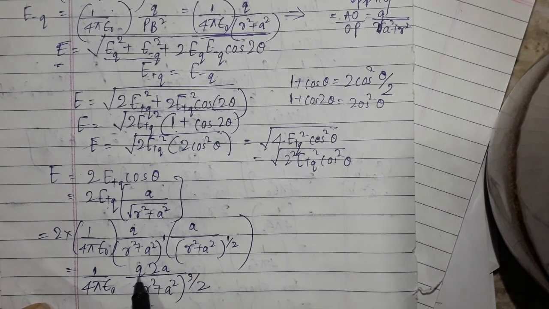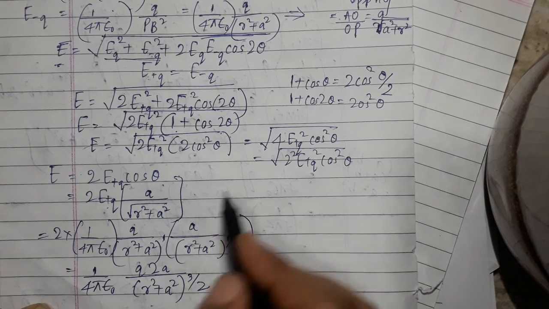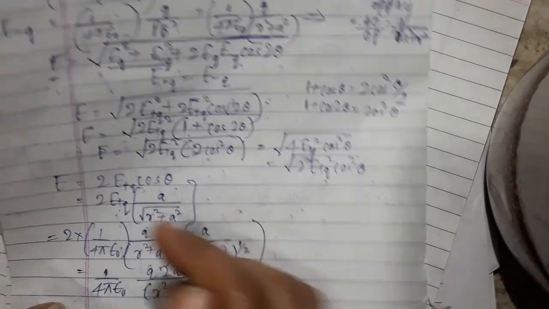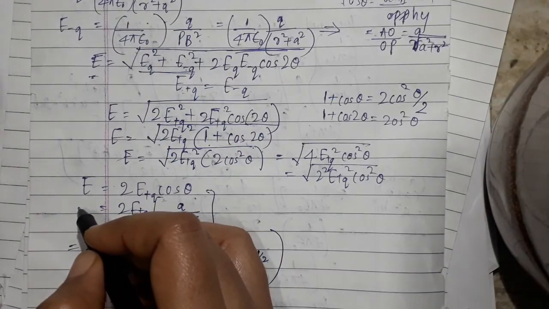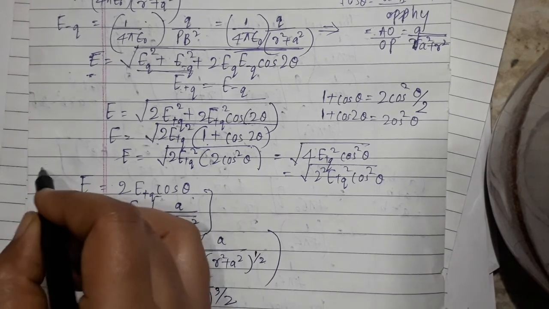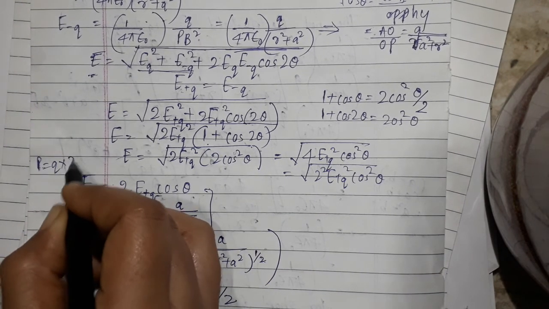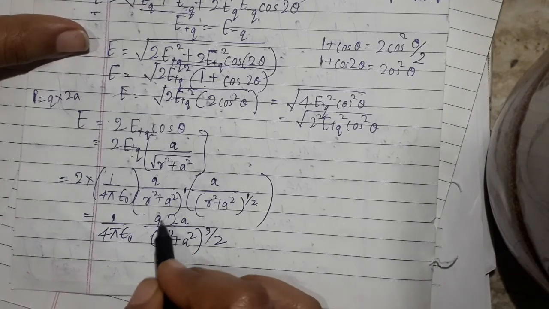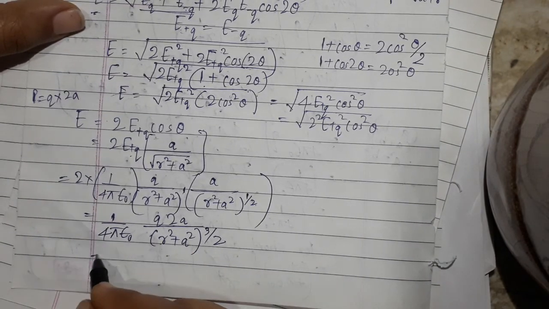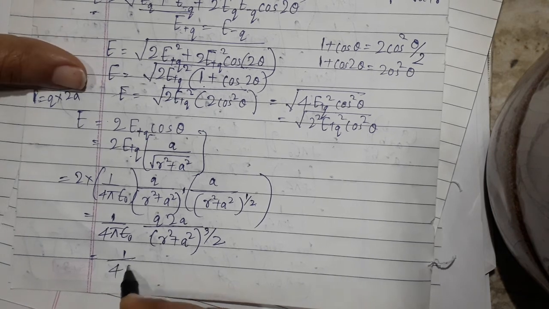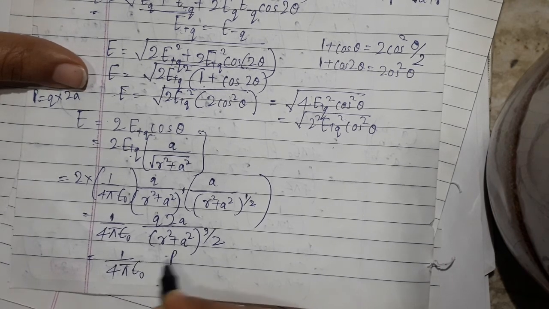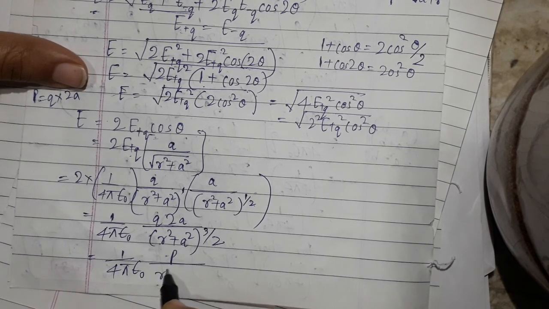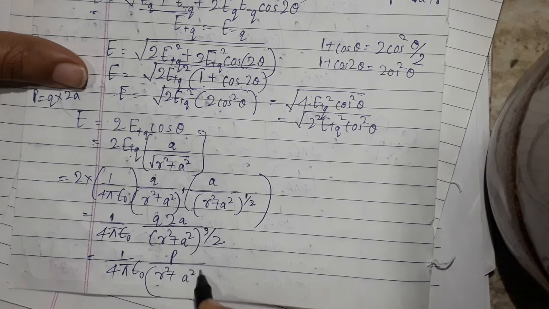You know that the dipole moment, as I have already told you, P is equal to Q into 2A. So in the place of Q into 2A we can write P, the dipole moment: 1 by 4 pi epsilon naught P divided by R square plus A square to the 3 by 2.